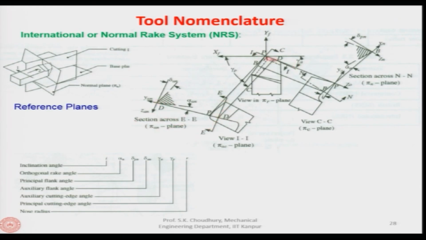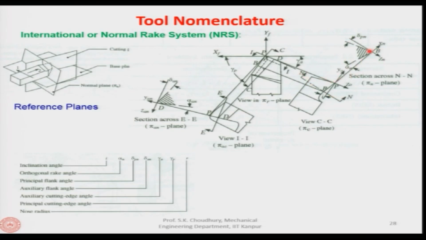In this view, this is the CC, that is, the cutting plane. Perpendicular to the cutting edge, again we will take another plane, and in this sectional view, let us call it NN.